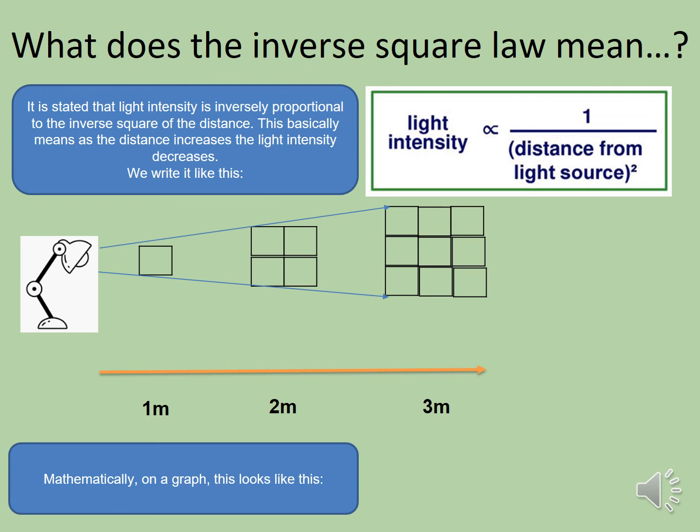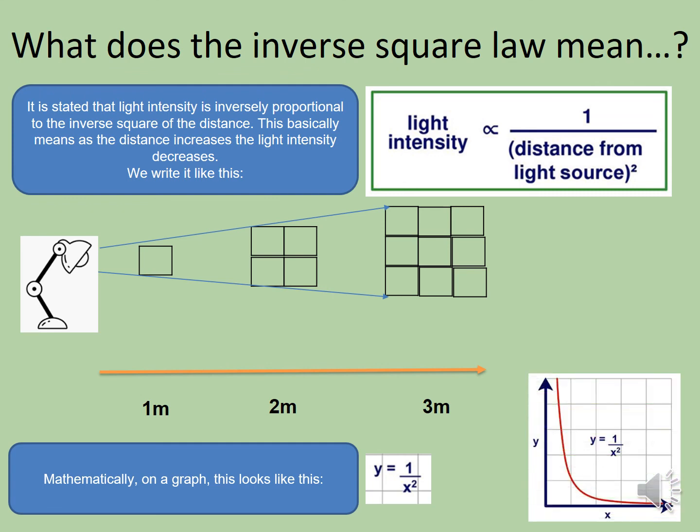Mathematically, if we saw this on a graph, it'd be recorded as y equals 1 over x squared. This is where y and x relate to the variables on the different axes of the graph. So y is the variable on the y-axis, the dependent variable, and x is the variable on the x-axis, or the independent variable.